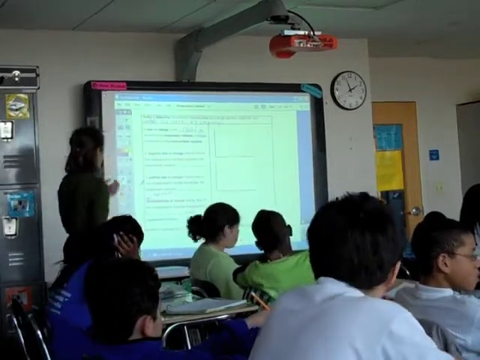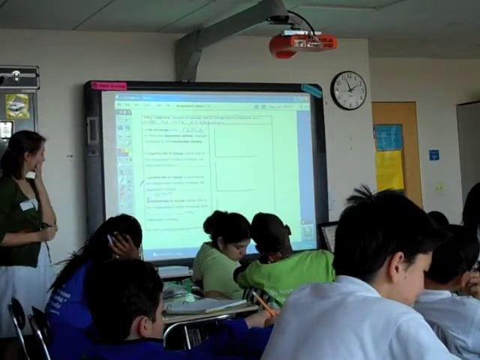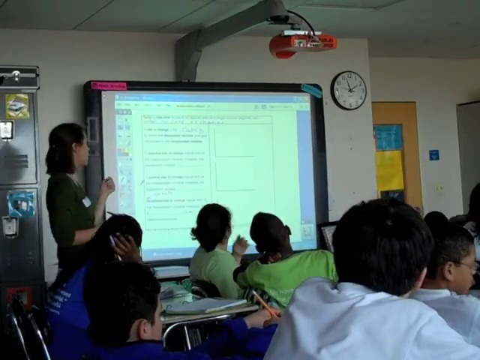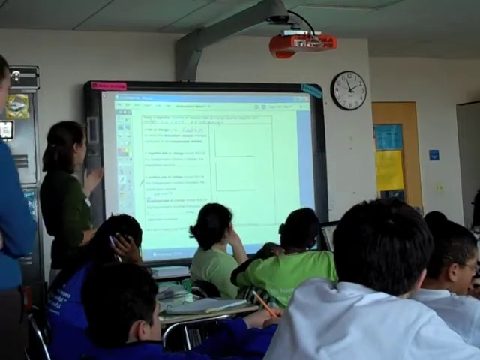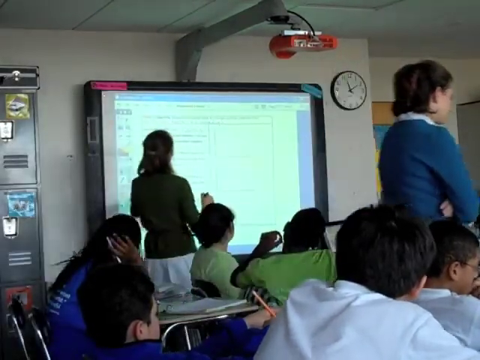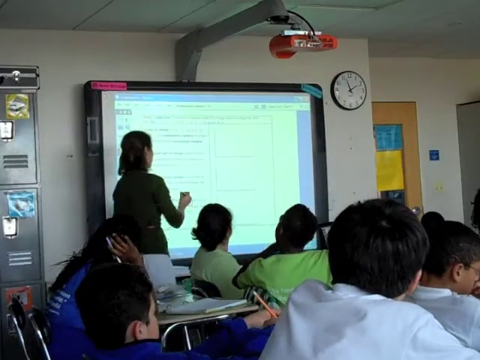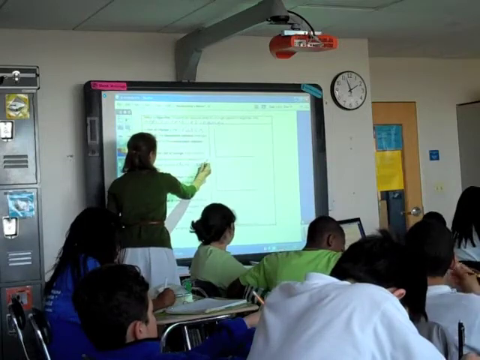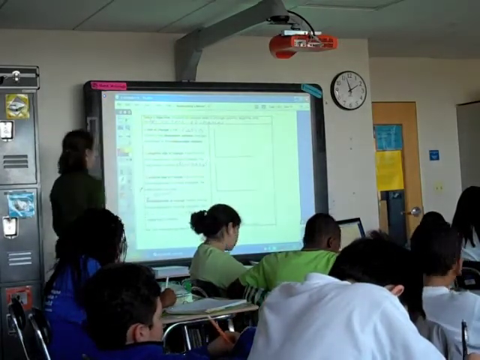Okay. So let's think about that. A negative rate of change implies that as the independent variable increases, the dependent variable, what do we think? Decreases. Good.